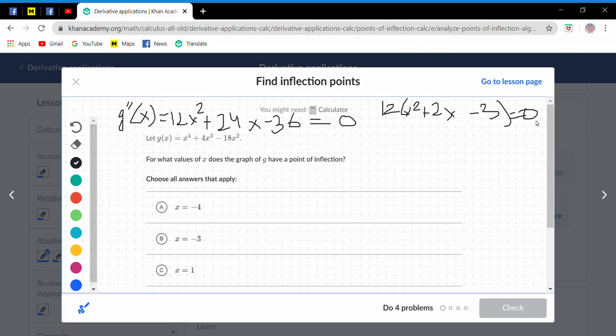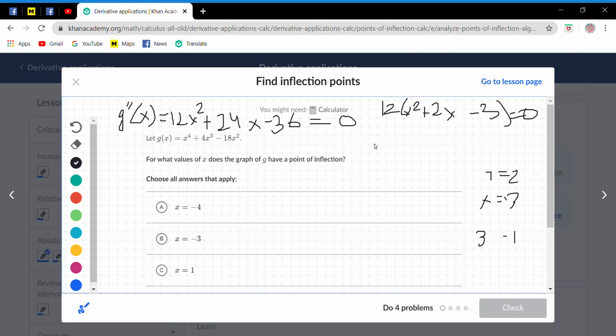We can divide both sides by 12. Now the sum should be 2 and the product minus 3, so this can only be done with 3 and 1, and we have to do minus 3.